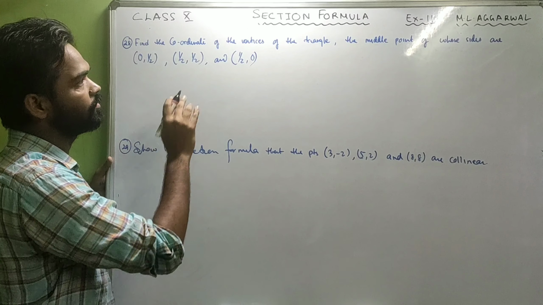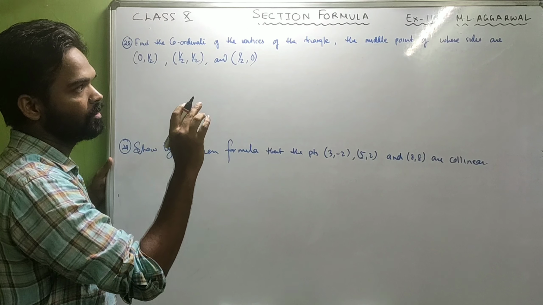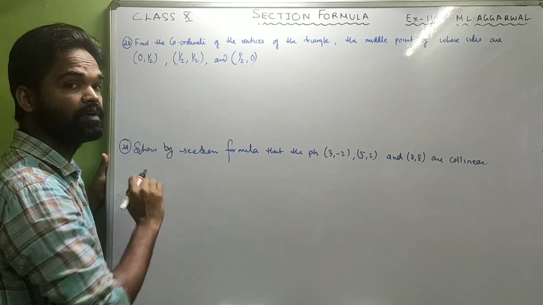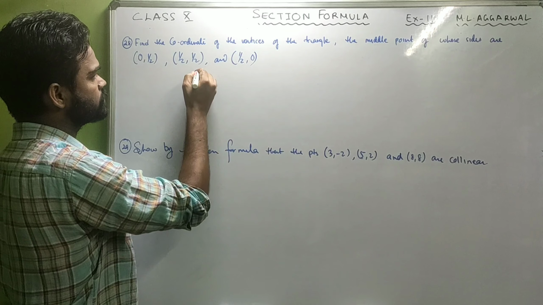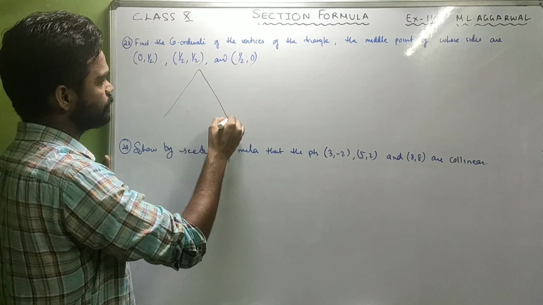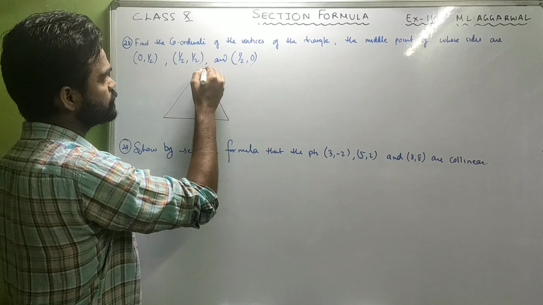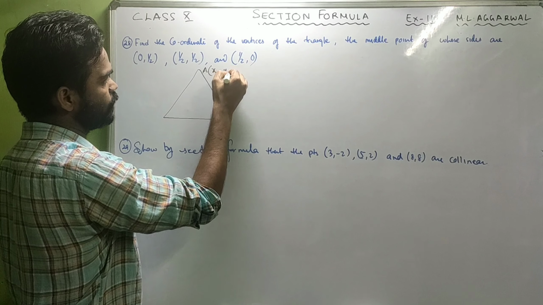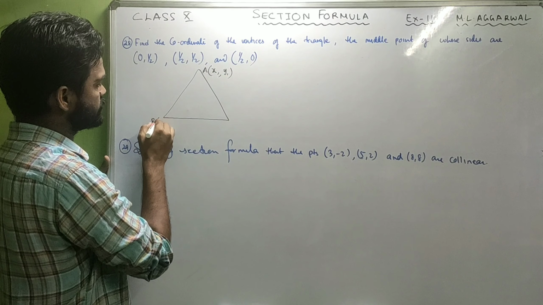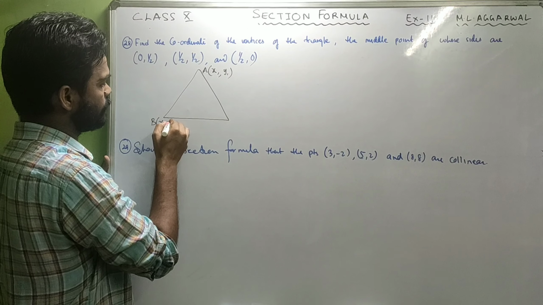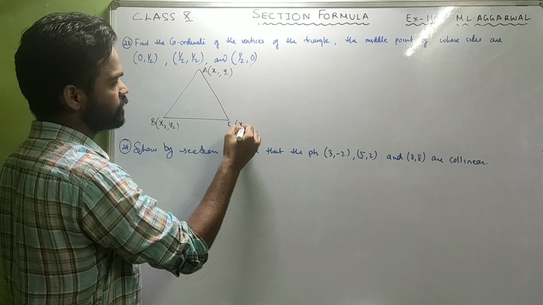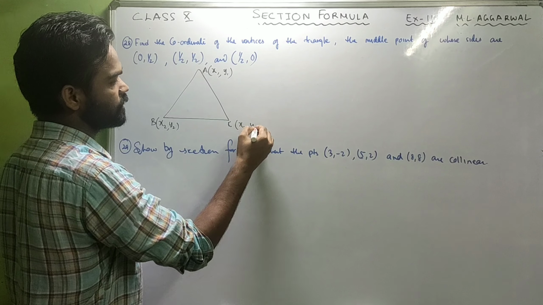Now look at sum number 28. Find the coordinates of the vertices of a triangle, the middle points of whose sides are 0 comma half, half comma half, and half comma 0. I'll draw a diagram. Suppose I take A as the first vertex, x1 comma y1, B as the second vertex, x2 comma y2, and C as the third vertex, x3 comma y3.